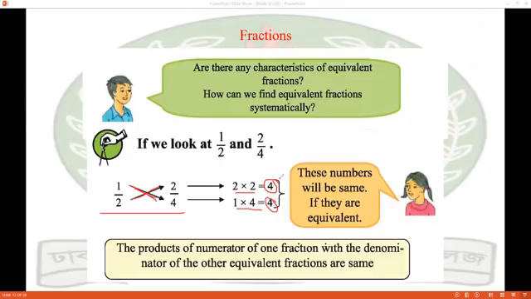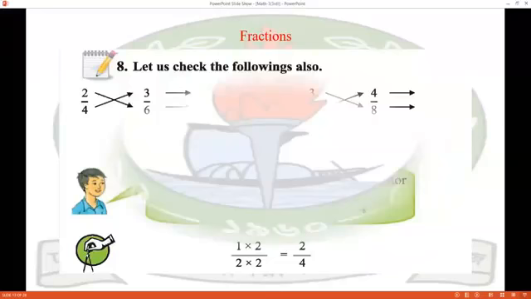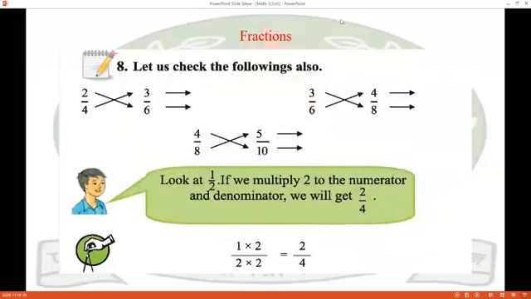Then we say that the two fractions are equivalent. This is the process to find out equivalent fractions. So the products of the numerator of one fraction with the denominator of the other are the same for equivalent fractions. In this way we can find out which are equivalent fractions. There are some problems to find out equivalent fractions.